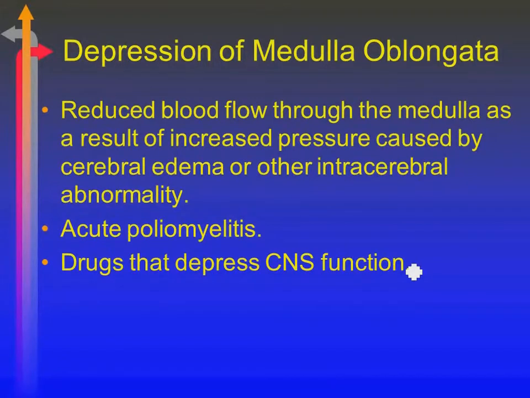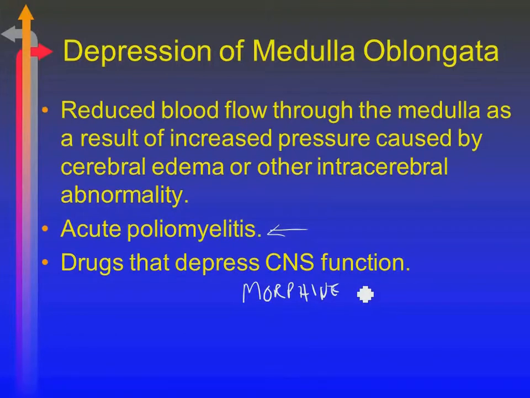You can also see damage to those processes through polio, not necessarily that causes brain death as far as higher cortical function, but you certainly can end up having the medulla oblongata not being able to send out those impulses. And certain drugs like morphine, all of your opiate derivatives, can end up depressing central nervous system function because it causes that medulla oblongata to be blunted.